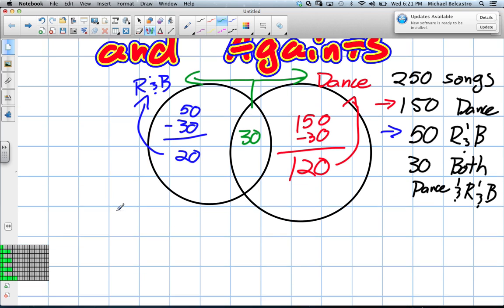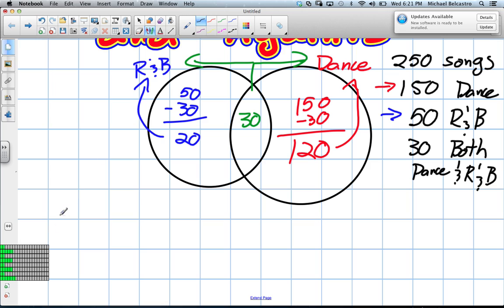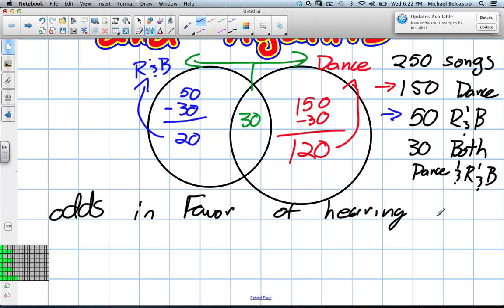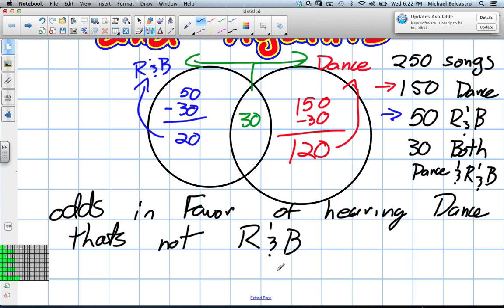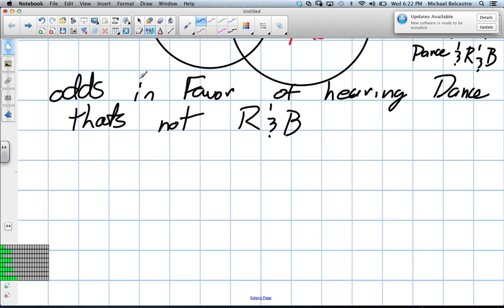So the very first question says, what are the odds in favor of hearing a dance song that is not R&B? Well, odds in favor and odds against, there's two formulas.